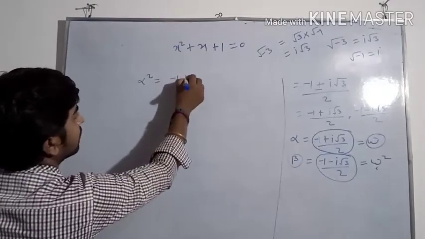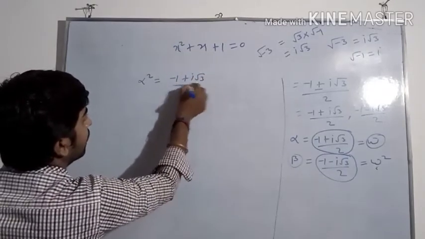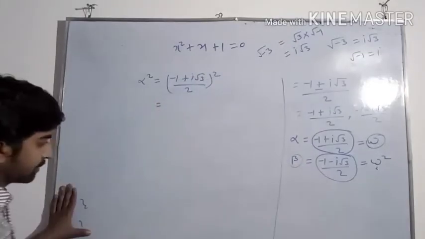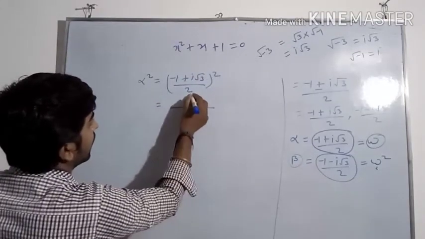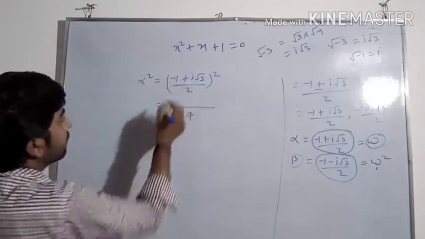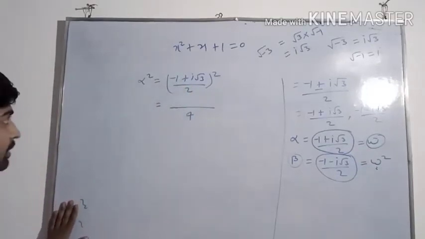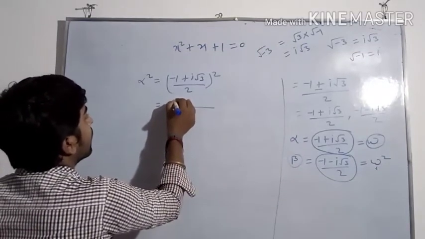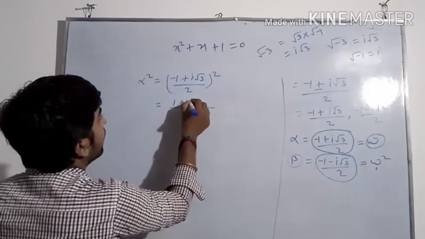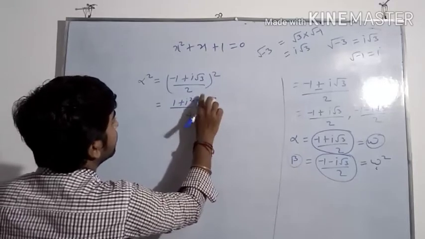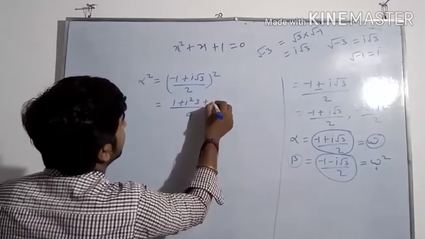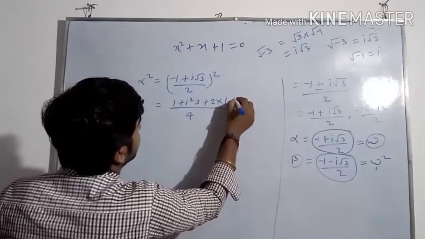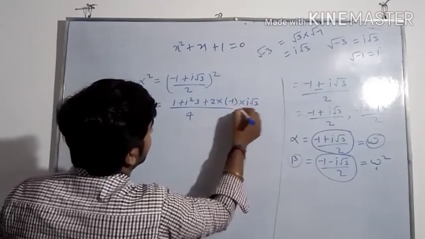Alpha square is minus 1 plus i under root 3 upon 2 whole square. Square of 2 is 4, and the square of minus 1 plus i under root 3 equals a square, which is 1, plus b square, i square times 3, plus 2ab. 2 into a, which is minus 1, and b is i under root 3.